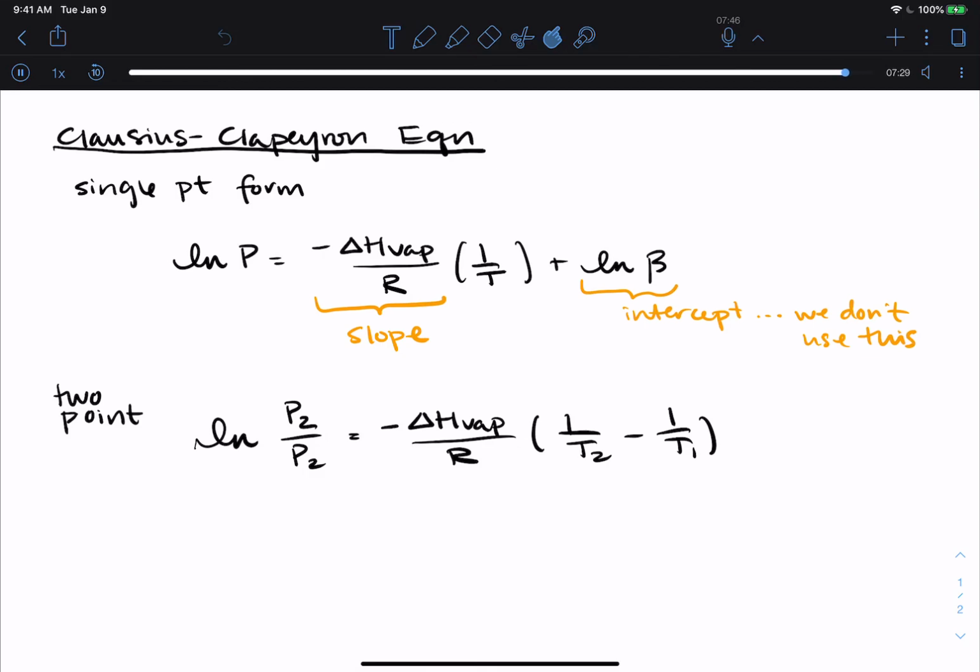So if you know the enthalpy of vaporization and you know, say, the normal boiling point, you could find the boiling point at any other temperature, or you could find the pressure that you need to lower it to in order to achieve a specific boiling point.